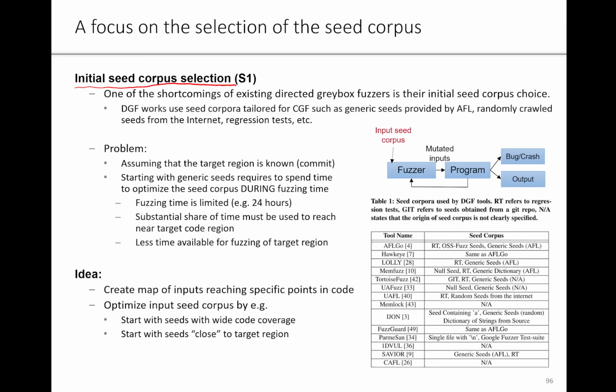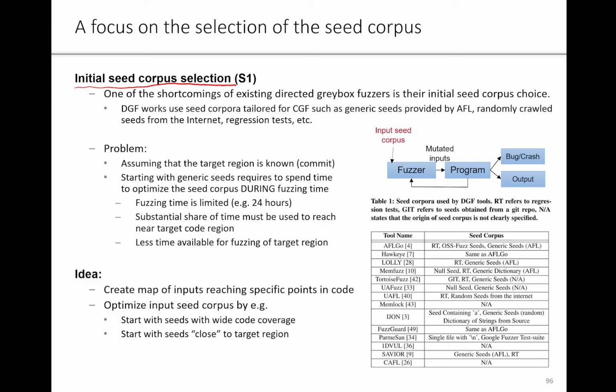As we have discussed, the typical input for the seed selection, if it's text, is just the letter A or an empty string. If it's an image, then it's an empty image. So it's very simple, and every time you start fuzzing your 24 hours, you have to first explore how to get along in this tree, and you don't have any pre-knowledge.